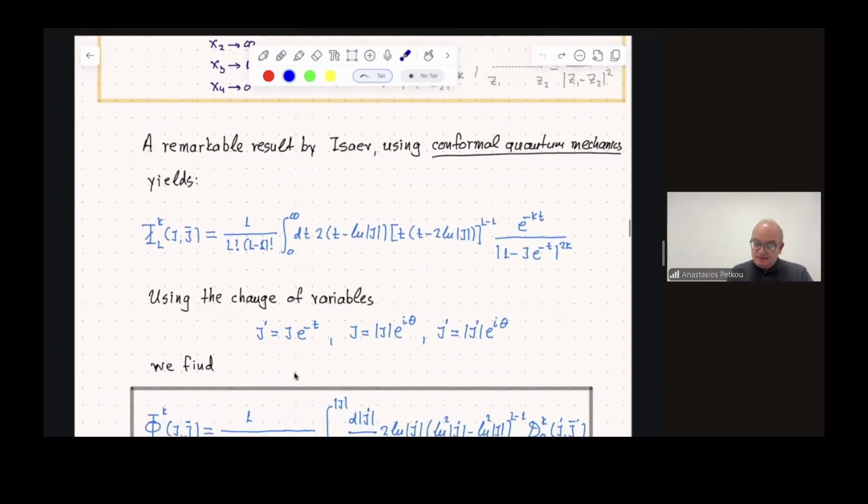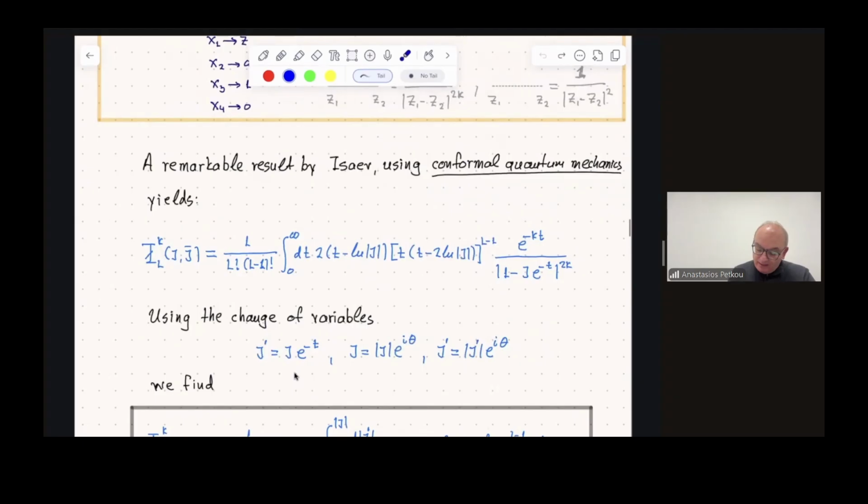Right. Now, a remarkable result by Isaev some years ago, using conformal quantum mechanics. This is a big mystery to us, and to everybody, how our results are related to conformal quantum mechanics. It yields the value of these integrals in the variables zeta and zeta bar.